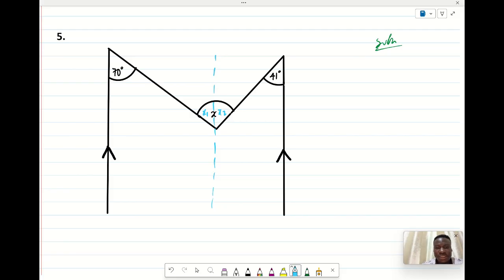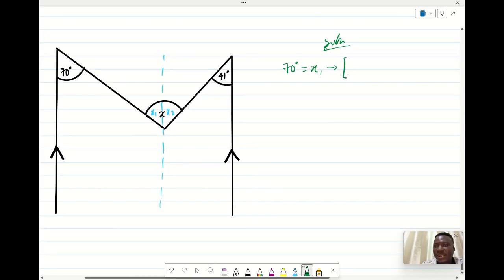So when we draw this line, you clearly see that the property of alternate angles occurs here. It means that the angle marked 70 degrees is equal to the angle marked X1, and the reason is because they are alternate angles.